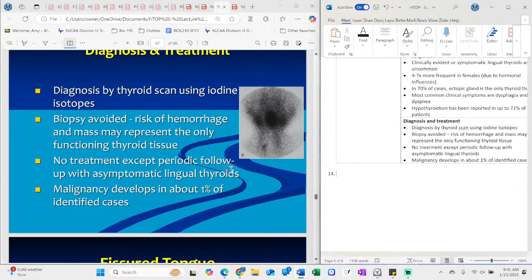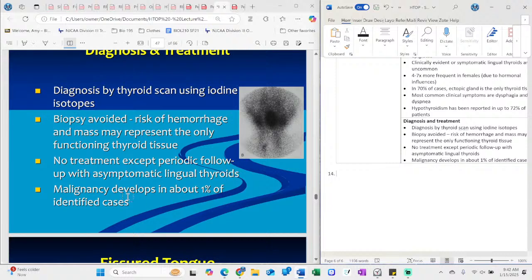For asymptomatic lingual thyroids, periodic follow-up is usually the recommended treatment. But for patients who have symptomatic thyroids, suppressive therapy with supplemental thyroid hormone can reduce the size of the thyroid gland if it is large. And if that does not help, then surgical removal and autotransplantation to some other part of the body.